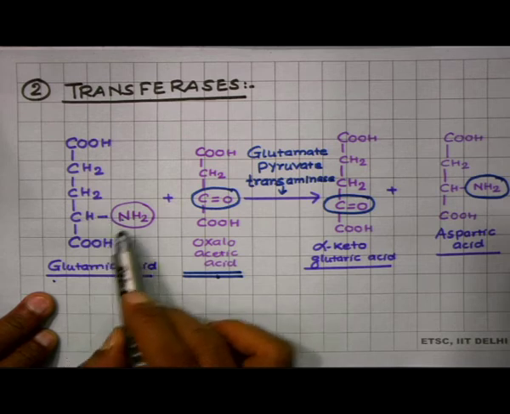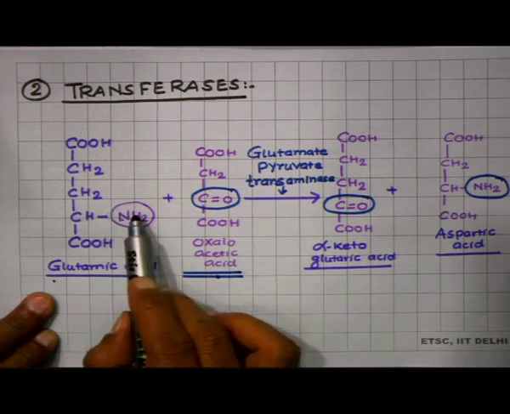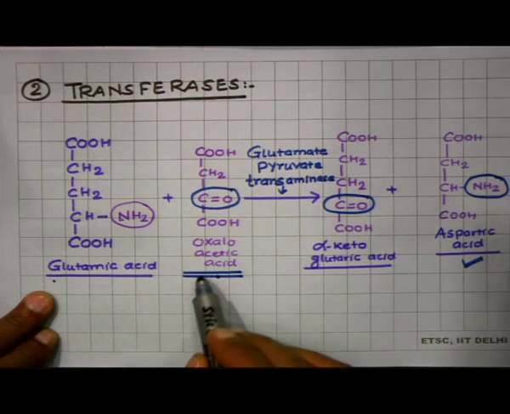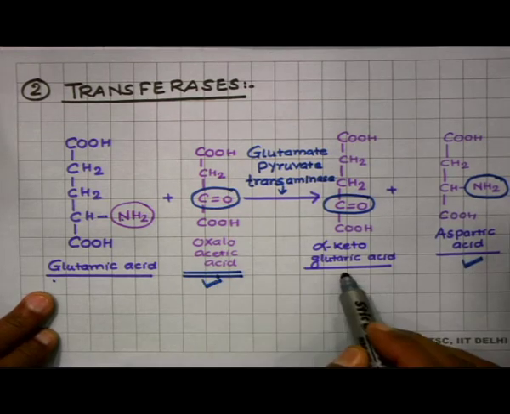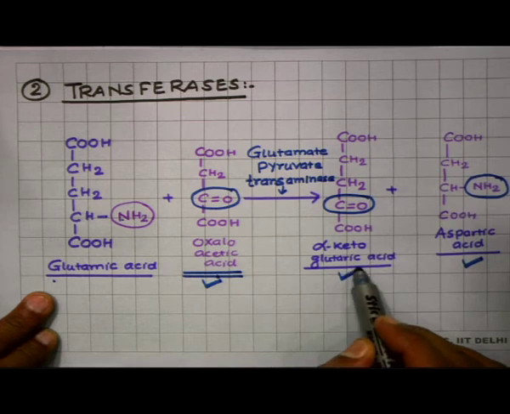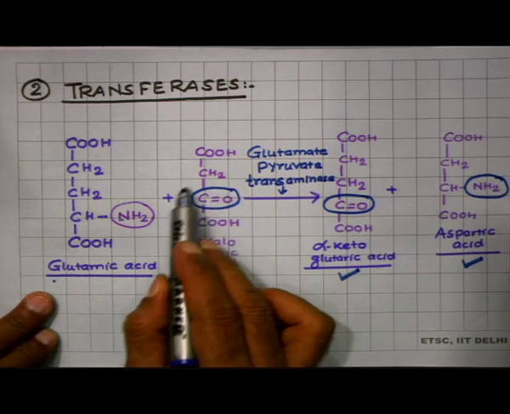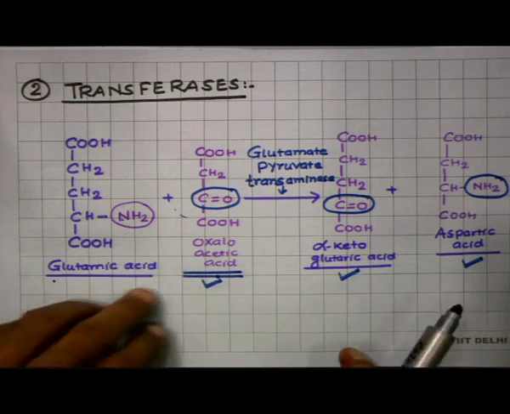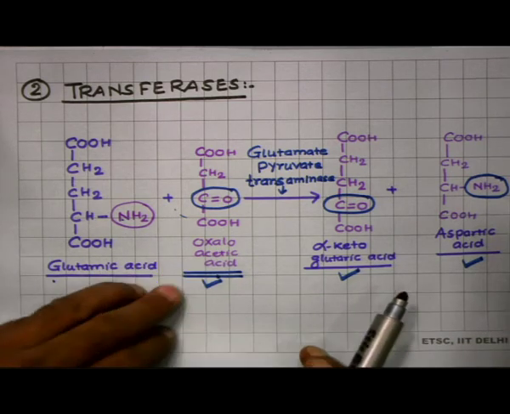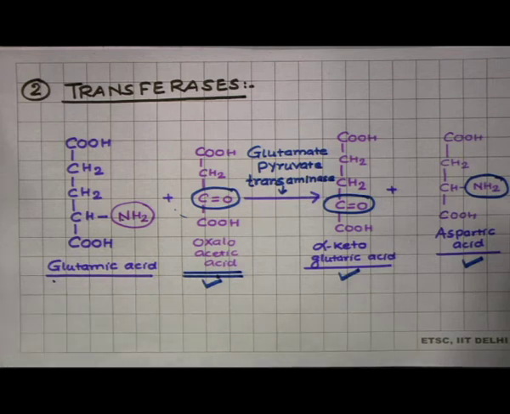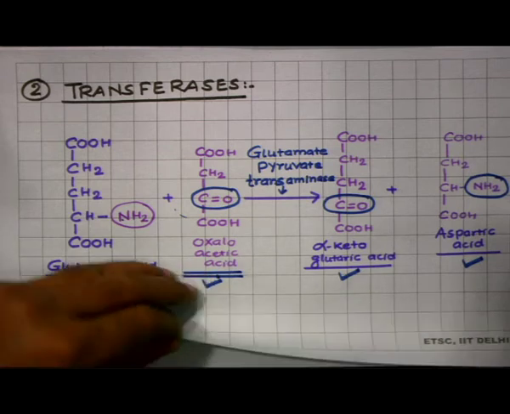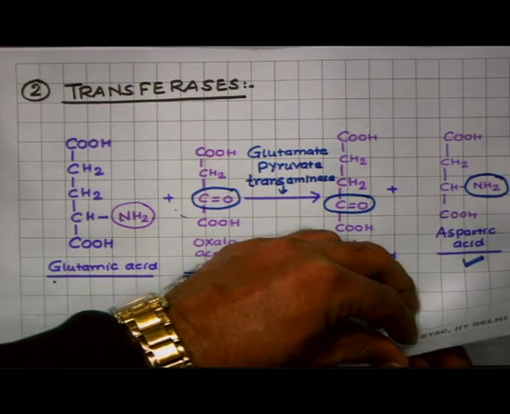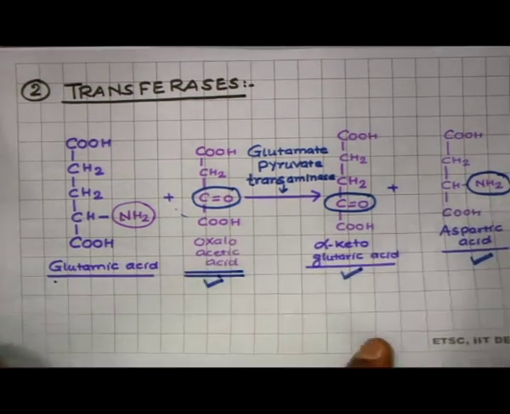After the transfer of the amino group, glutamic acid forms alpha ketoglutaric acid and oxaloacetic acid forms aspartic acid. So with the transfer of a group or atom, one organic compound changes into another form. So transferase helps in the transfer of groups or atoms from one molecule to another.